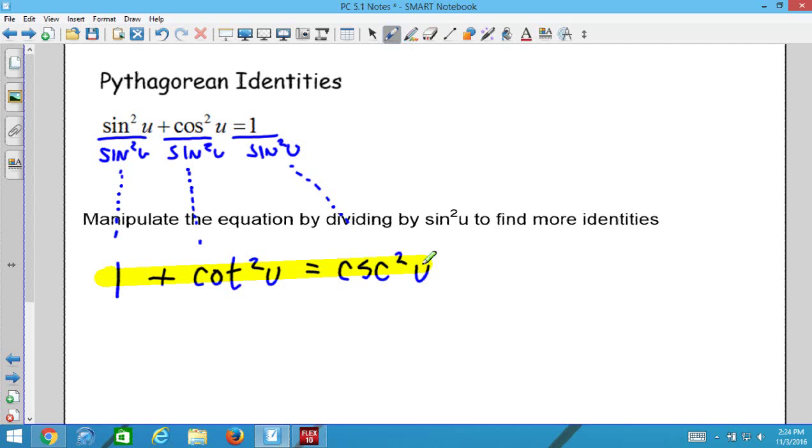Now I'm going to find 2 more by using the addition or subtraction property of equality. I'm just going to move the stuff around in this equation. This one says cosecant squared u equals. I'm going to make a different equation, say cotangent squared u equals. So how am I going to make that one?